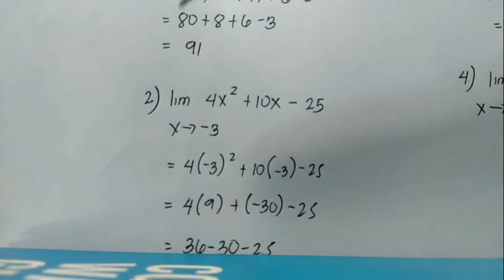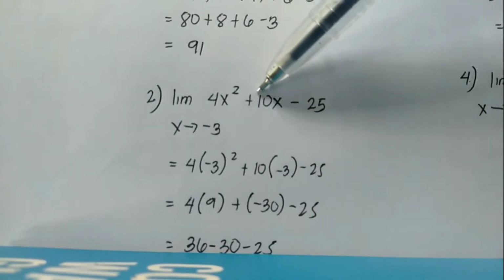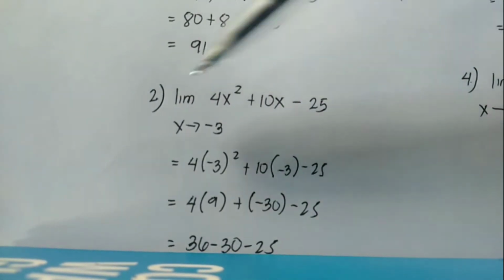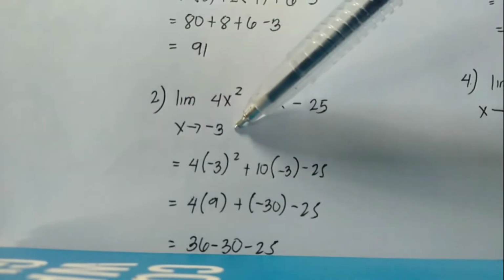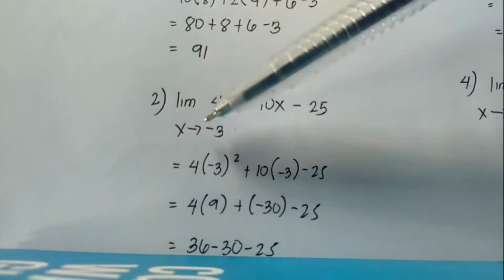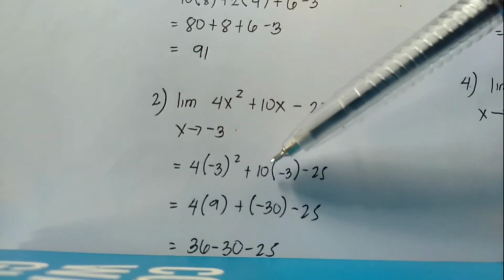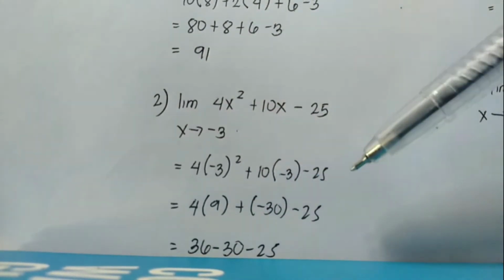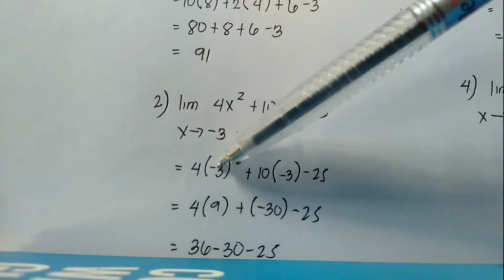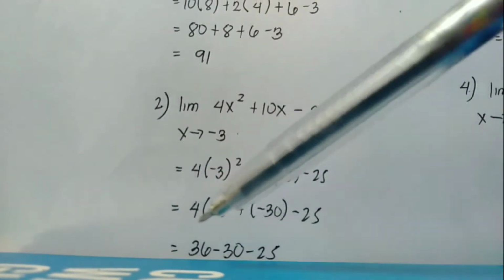Then second example, limit of 4x squared plus 10x minus 25 with x approaches negative 3. So 4 times our x, negative 3, squared plus 10 times negative 3 minus 25. So negative 3 times negative 3 is positive 9.